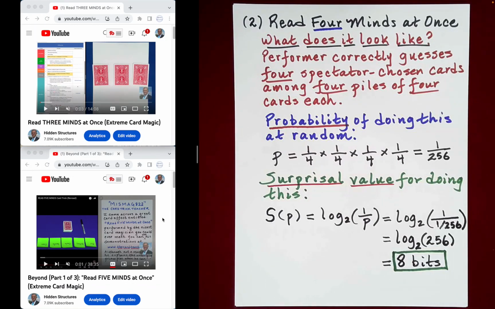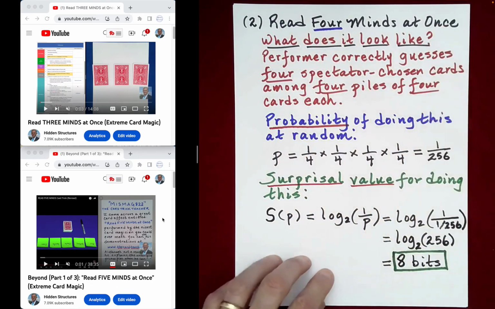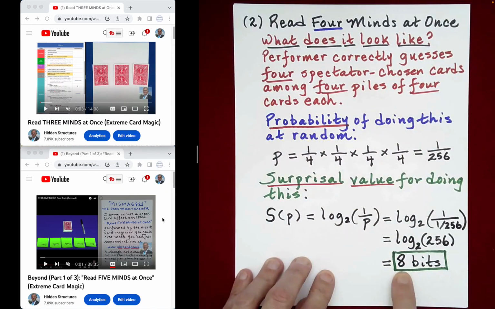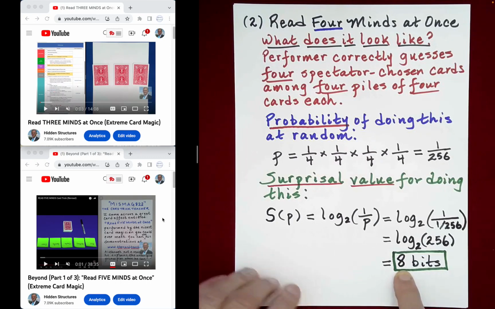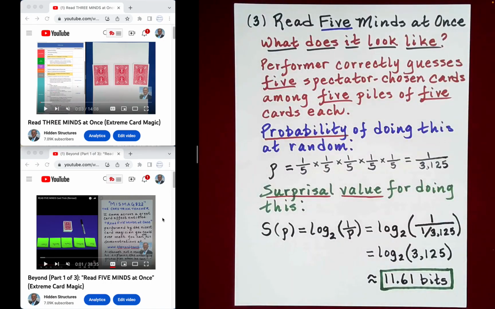So that gives you a sense of the degree of surprise you would experience, or a spectator would experience, in watching the performance read 4 minds at once, okay? So essentially we went from 5 bits of surprisal for read 3 minds at once up to 8 bits of surprisal, okay? Now the original read 5 minds at once, of course, will have a larger surprisal value still.